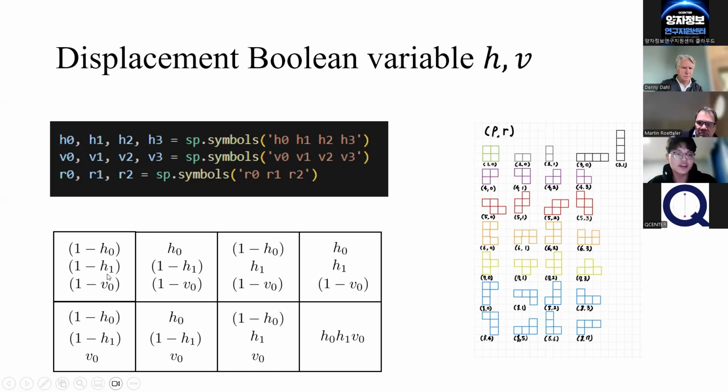If we write our indicator function like this, only the top left cell will return 1. Let's move this piece 1 block to the right. In this case, we just need to write h0 instead of 1 minus h0 because the value of h0 from the input will be 1. With this logic, we can represent the displacement of the piece for the entire grid.